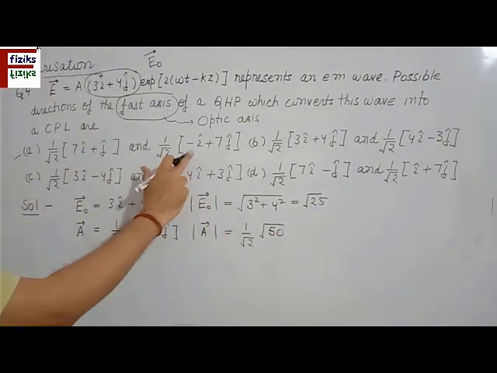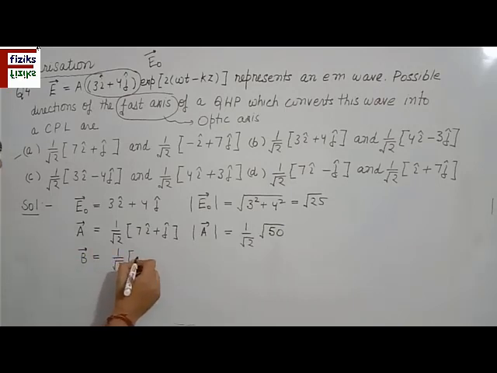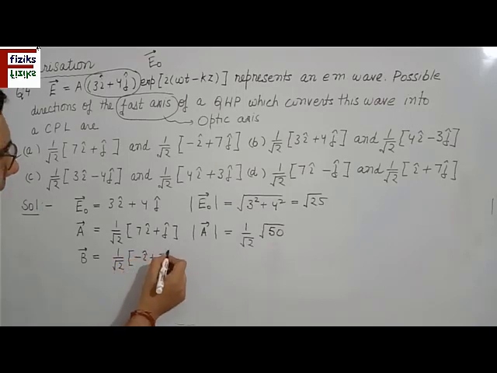Similarly, the second direction, suppose B. I am representing this by B. So this is 1 by root 2 times minus i cap plus 7j cap.